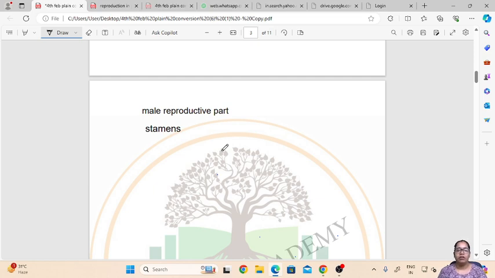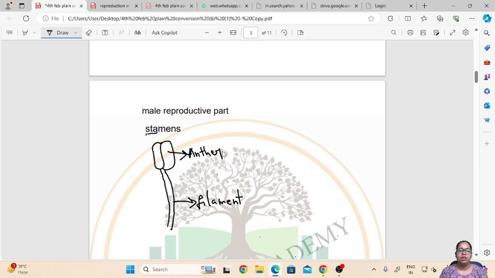The male reproductive part of a flower is called the stamen, and the stamen consists of the anther and the filament.